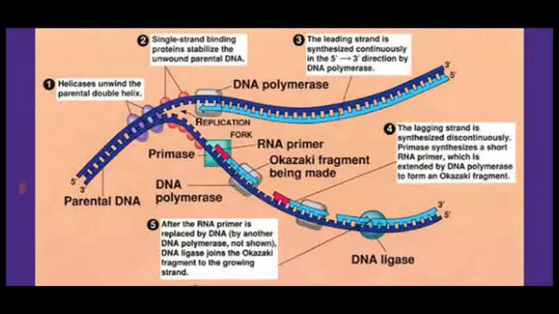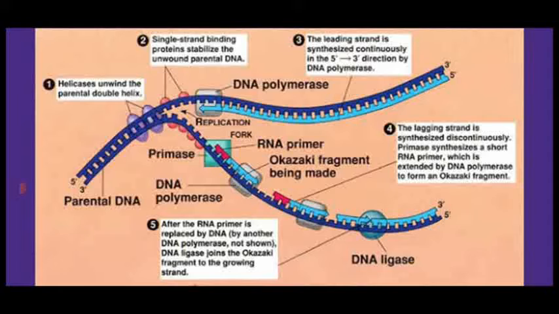Here the synthesis of newly formed fragments is discontinuous. DNA polymerase alpha or primase produces the short RNA primer, which is extended by DNA polymerase to form different fragments known as Okazaki fragments.